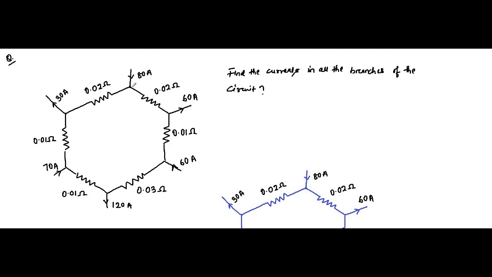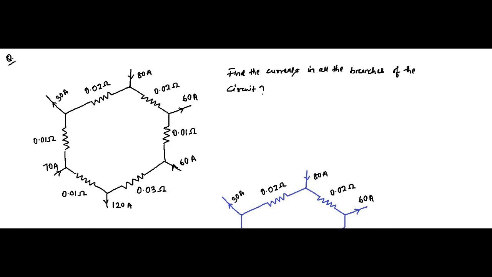At each junction, at each node, we have either a current approaching or flowing away, either entering or exiting that node. So the main principle that will be used here is KCL, and then we'll be using KVL to find the current value.